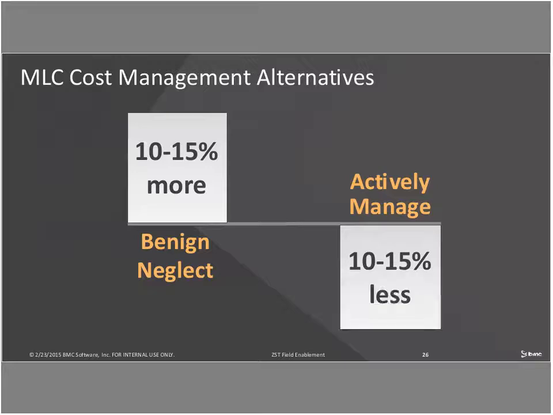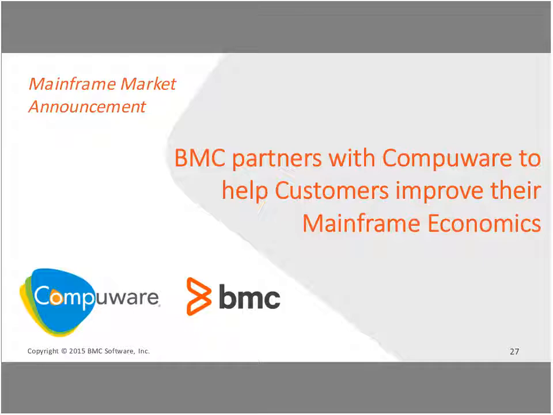If you actively manage it, you can spend 10 to 15% less. And the opportunity for savings between those two is 20 to 30%. If you think about your monthly MLC cost, think about saving 20 to 30% and what you could do with that in terms of funding additional efforts either on the mainframe or in your IT transformation.